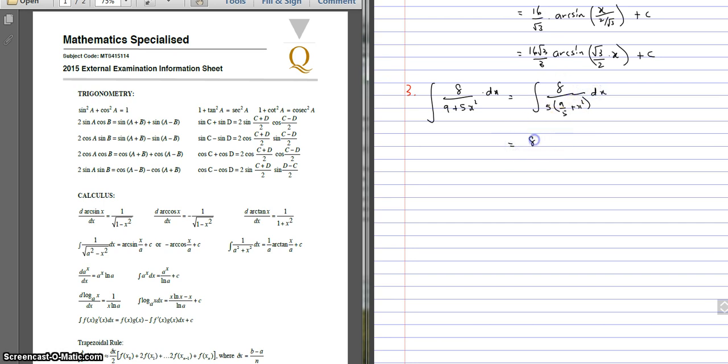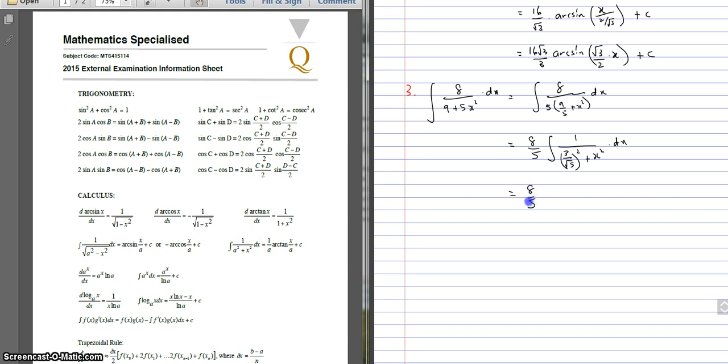We take out the front the 1 over 5, and we're left with 1 over, and let's write the 9 over 5 as a square, so that'll be 3 over square root of 5 squared plus x squared dx. Now it's in this form, we can go from there.